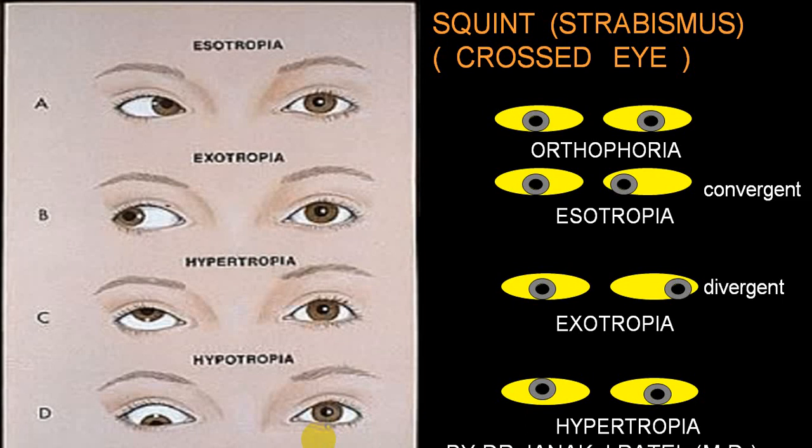If there is deviation of one eye inward, we call it esotropia. If the eye is abducted, it is called exotropia. If the eye is elevated, it is hypertropia, and if the eye is depressed, it is called hypotropia. These are some of the words which will be very frequently utilized in this lecture.